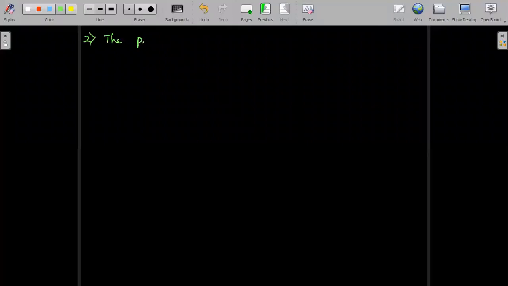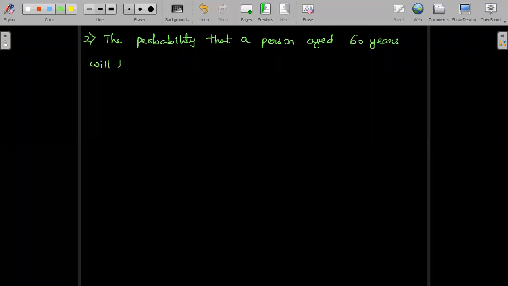Let's see the second problem now. The probability that a person aged 60 years will live up to 70 is 0.65.